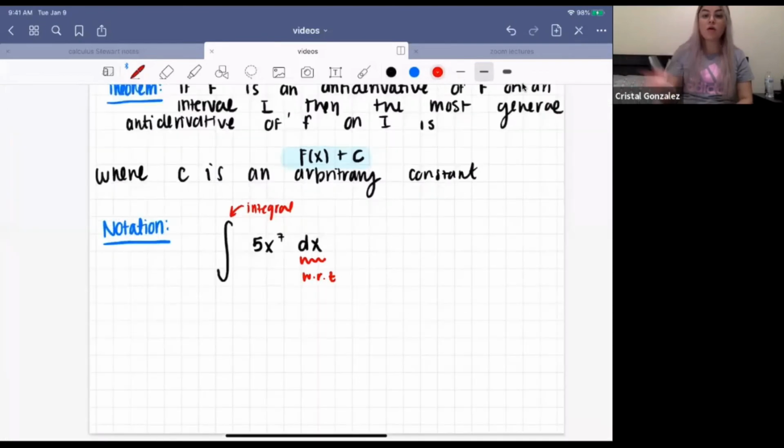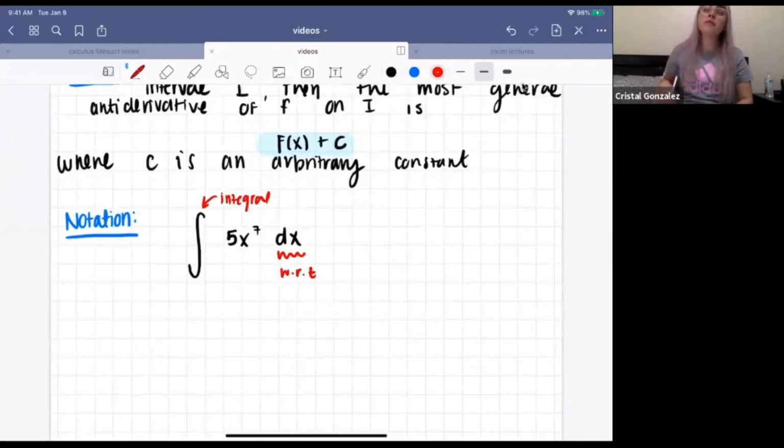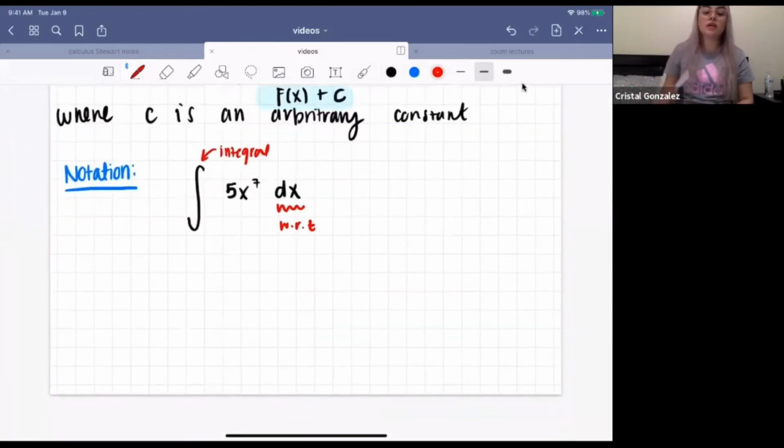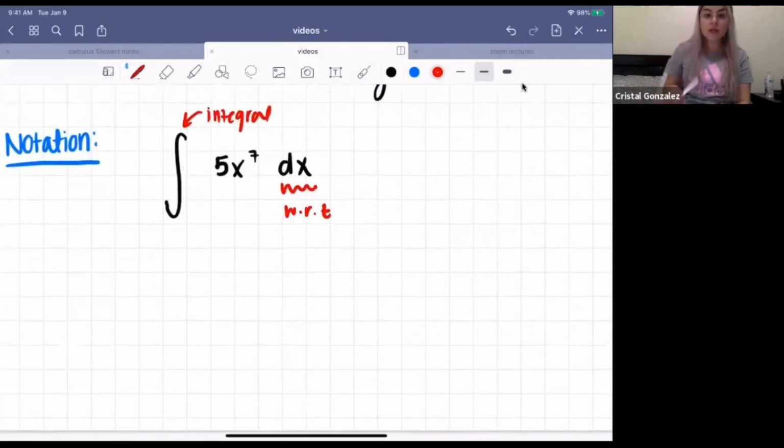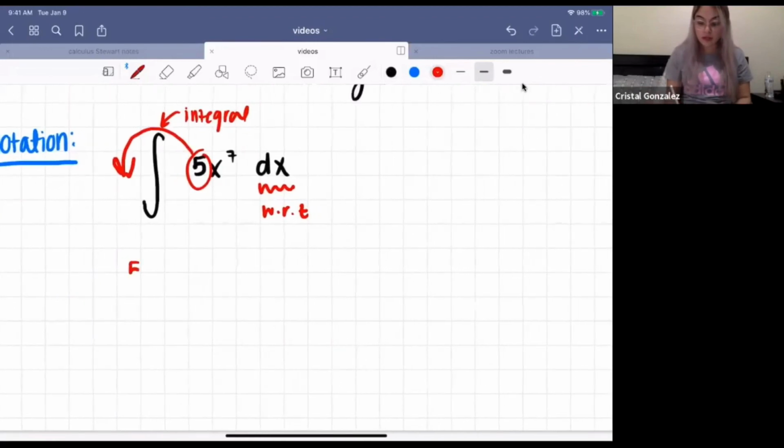I'll go over this again in a later section, but I just want to introduce it. Okay, so if we want to take an integral, since this is a constant, I could actually pull it out of the integral. And again, I'll establish these rules more later on, so don't get all freaked out right now.